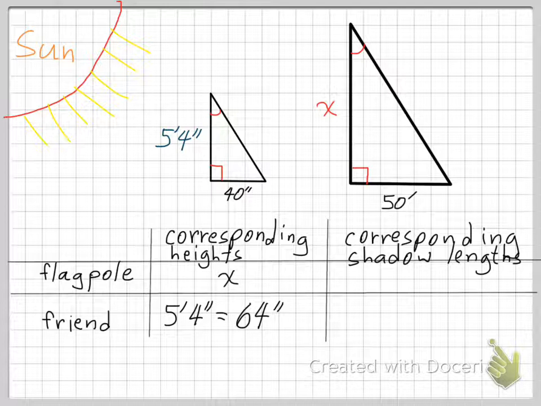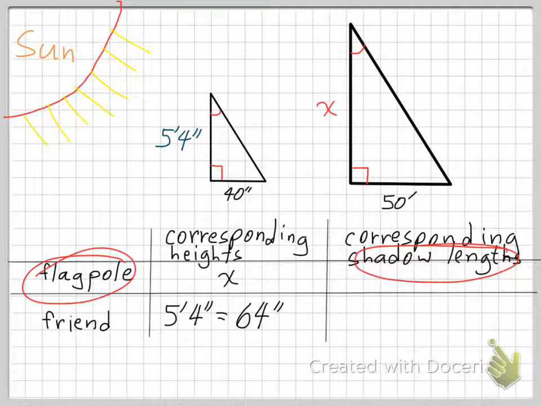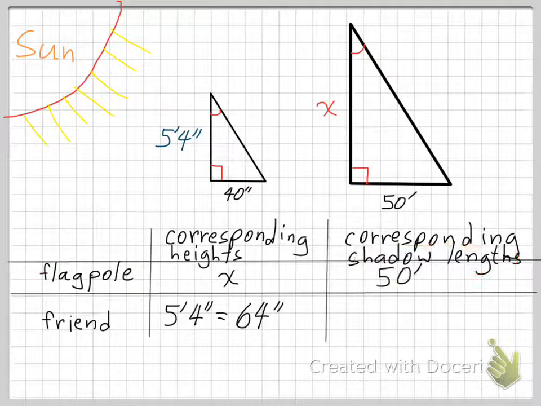And then what is the shadow length of the flagpole? It's given as 50 feet. And then what is the shadow length that your friend is casting? That is 40 inches.